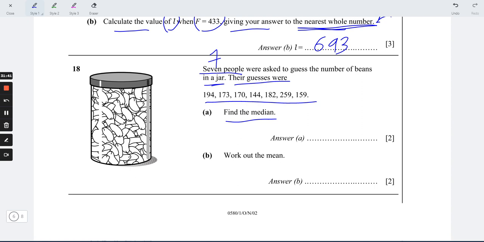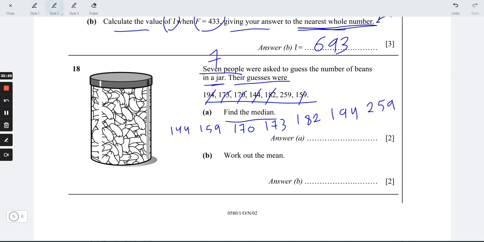So here we will write the smallest number, which is 144, then 159, then we have 170, then 173, then 182, then 194, then 259.